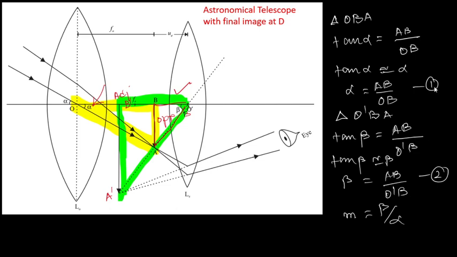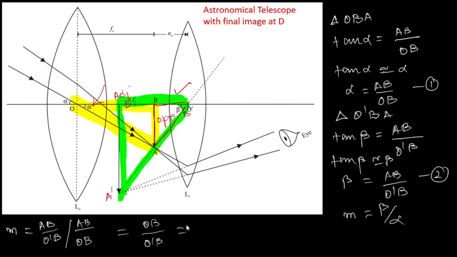So in that case we can substitute this. Therefore M is equal to, substitute this, AB by O dash B divided by, and what is alpha, AB by OB. Therefore, AB can be cancelled and OB is reciprocated. So, OB by O dash B.